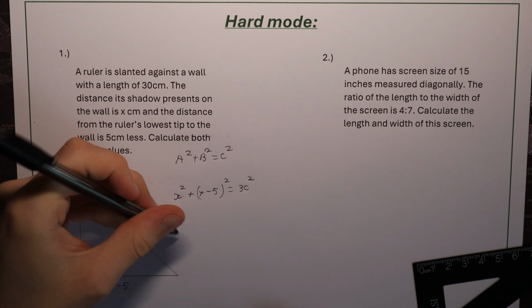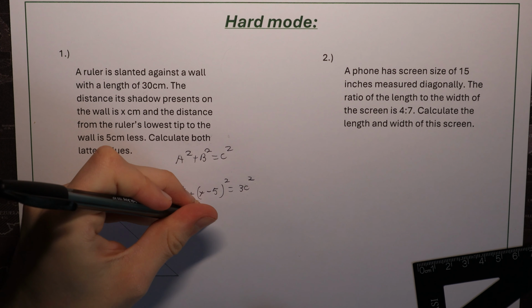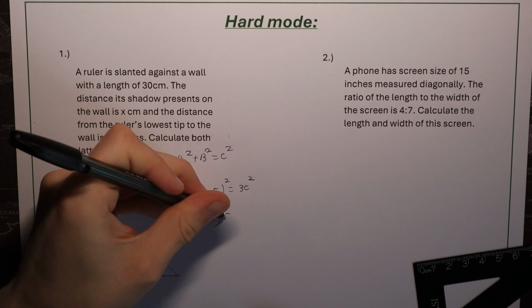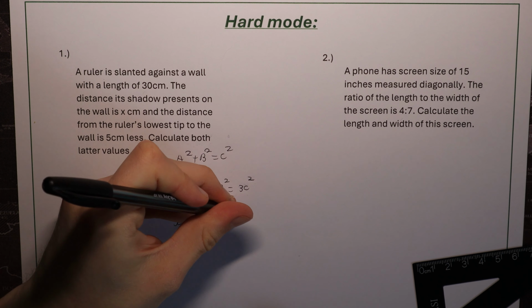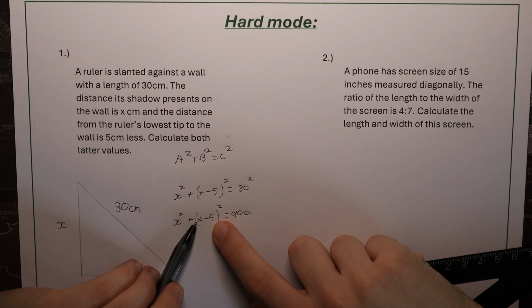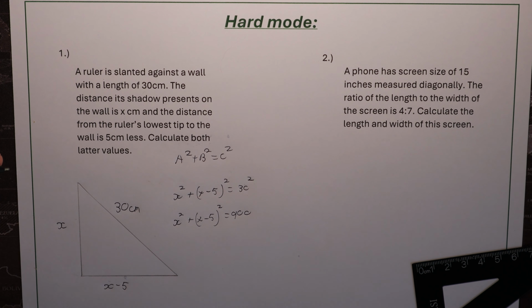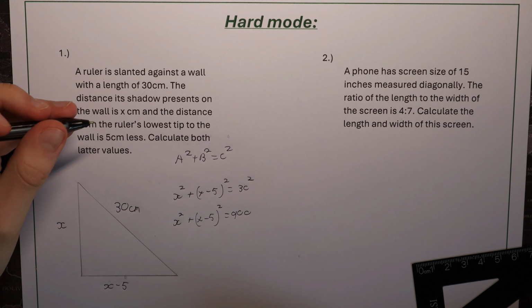Let's simplify this: x squared plus x minus 5 squared equals 900, because 30 squared of course. Now we need to expand these brackets. So expanding brackets, I'll explain this to you.